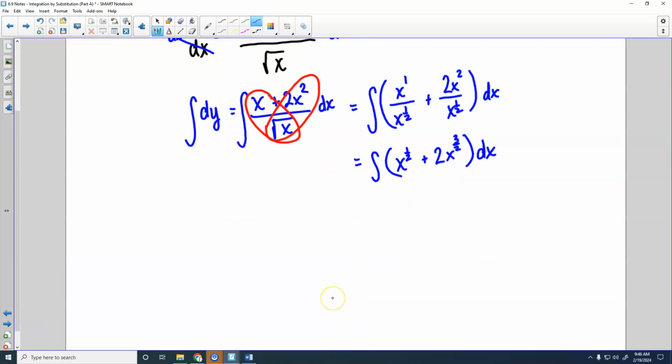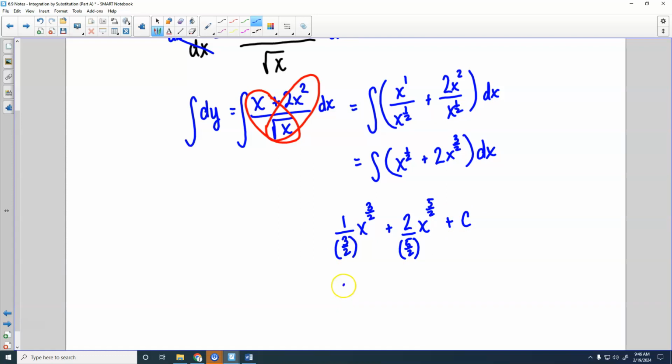And now we just use our power rule for this. So this is x to the 3/2, and then we'll have to divide out front by that 3/2, and then we'll have x to the 5/2, and we'll have to divide out front by that 5/2, and our dx becomes our plus c.